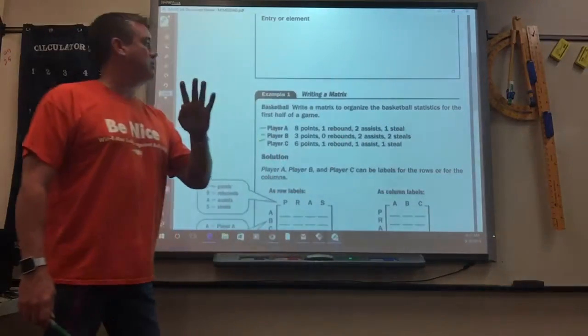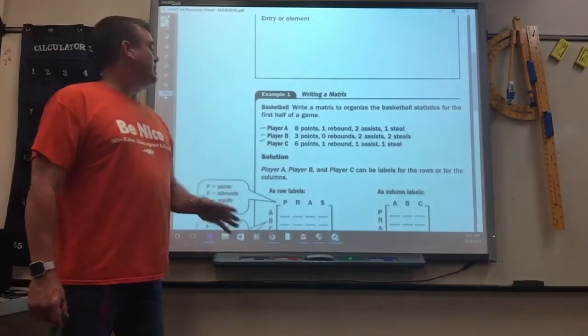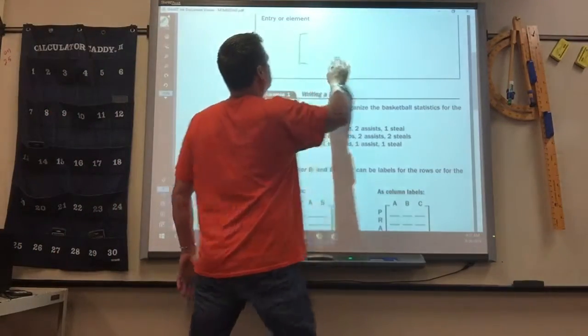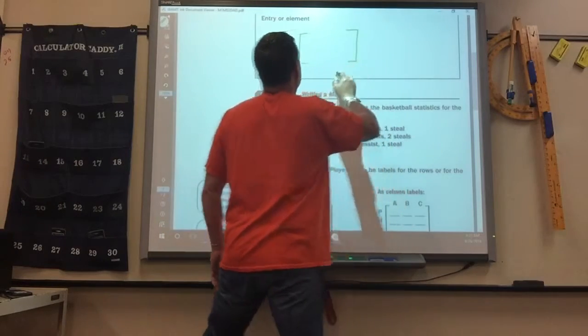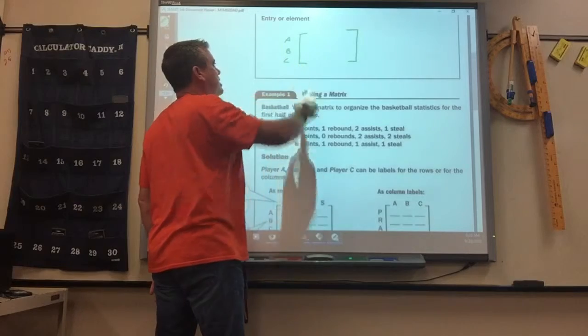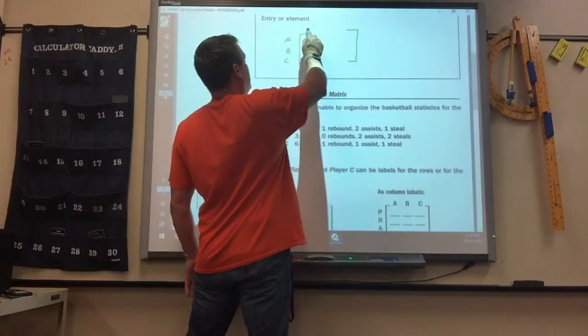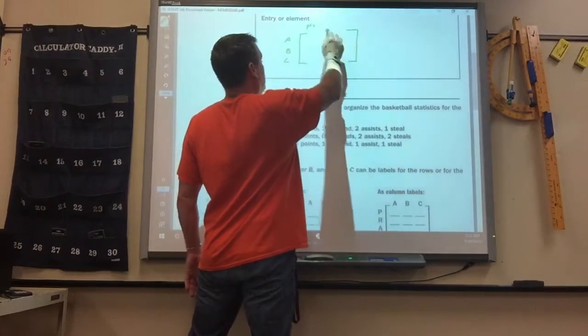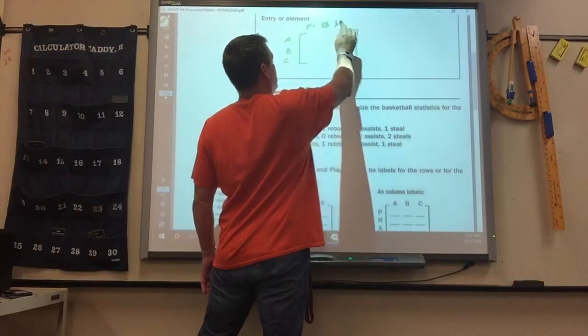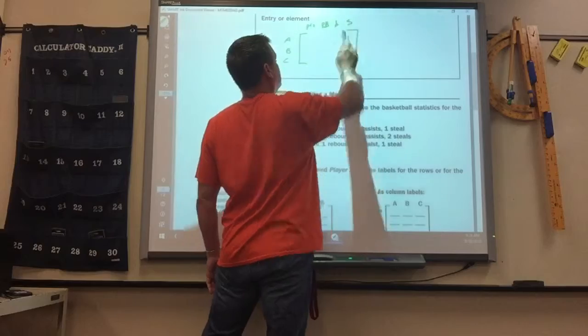Everyone's got 4 different pieces of statistics. So you can organize these in a matrix where this is player A, this is player B, and this is player C. And then above here you can have the points, the rebounds, the assists, and the steals.